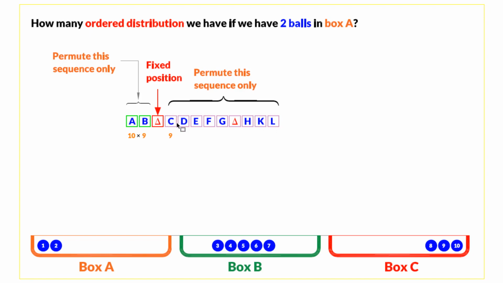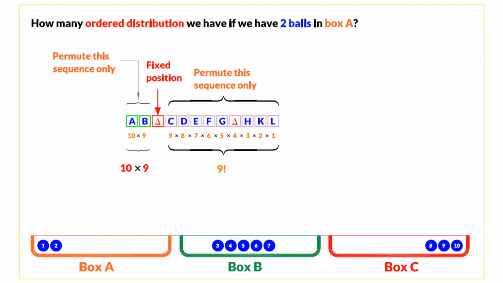So C can be chosen in 9 ways, D can be chosen in 8 ways, and the rest will follow. So how many possible permutation for this sequence we have? We have 9 factorial.